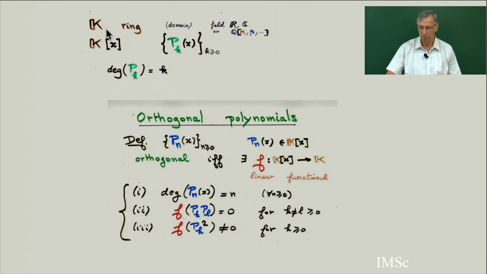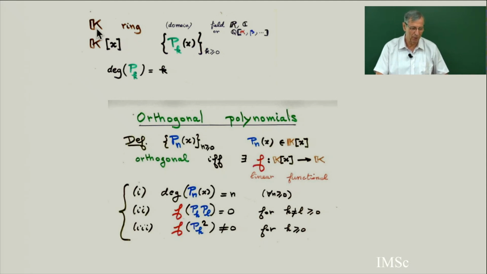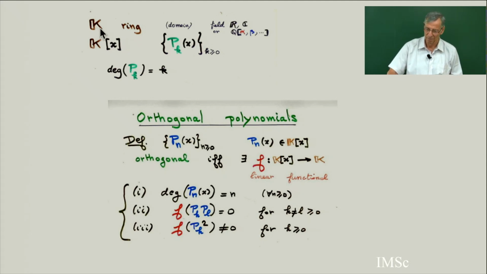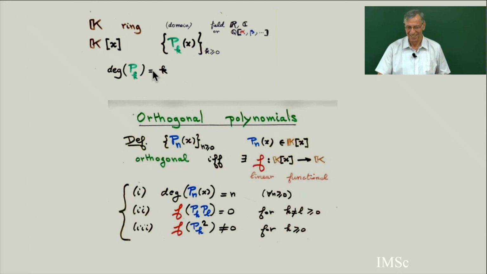So take any ring K, usually a ring of polynomials in the parameters alpha, beta, q. Okay, I can continue.